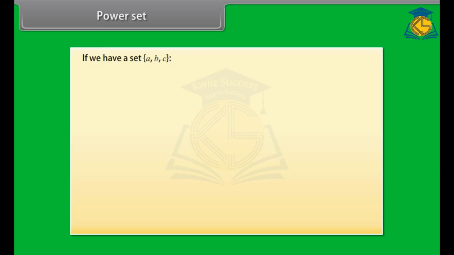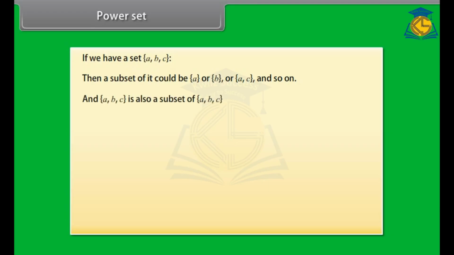Power set. If we have a set {A, B, C}, then a subset of it could be {A} or {B}, or {A, C}, and so on. And {A, B, C} is also a subset of {A, B, C}. And the empty set is also a subset of {A, B, C}.